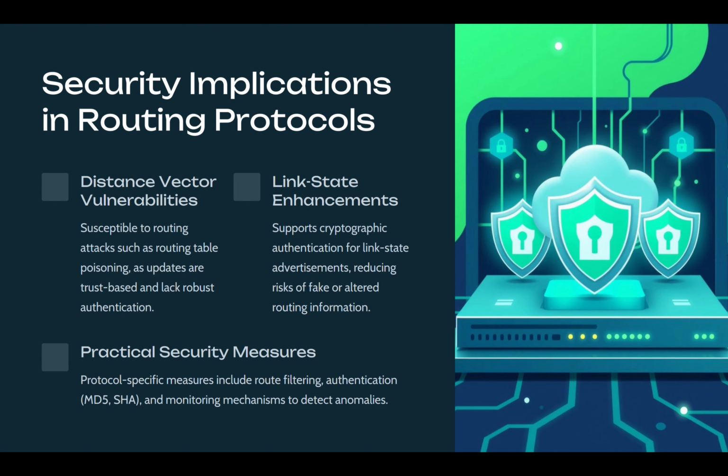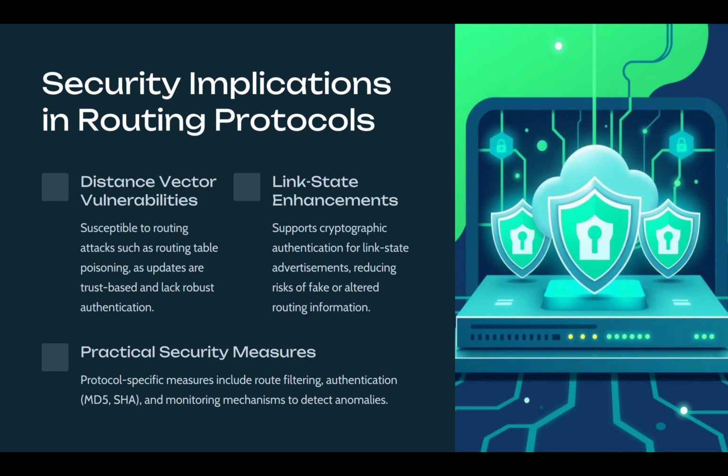If we look at the security implications in routing protocols, distance vector has some vulnerabilities. It is susceptible to routing attacks such as routing table poisoning, as updates are trust based and lack robust authentication.